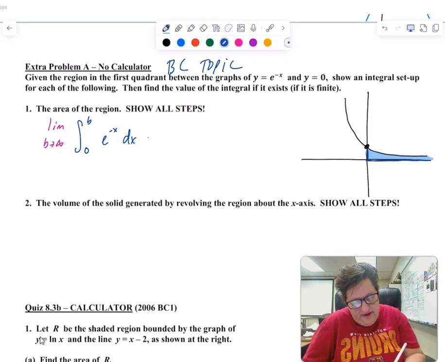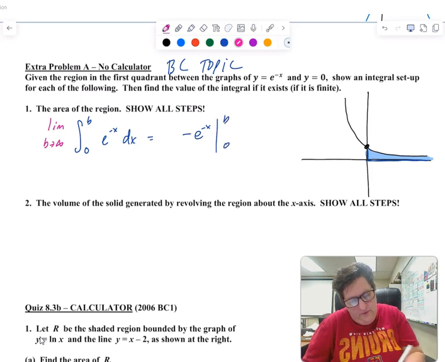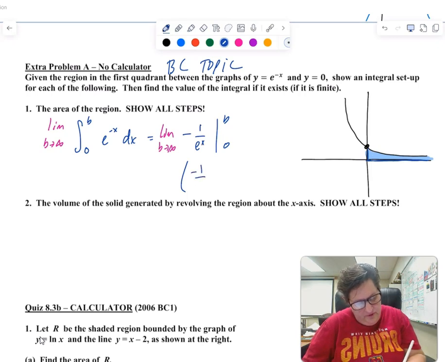So the integral of e to the negative x is negative e to the negative x. Okay? And again, I write limit as b goes to infinity. And when I go to evaluate this, well, e to the negative x, it's a little easier to think of it as 1 over e to the x. So it's negative 1 over e to the b and negative 1 over e to the 0.